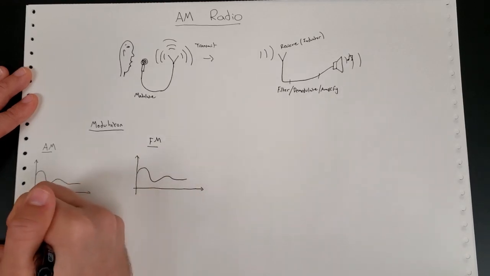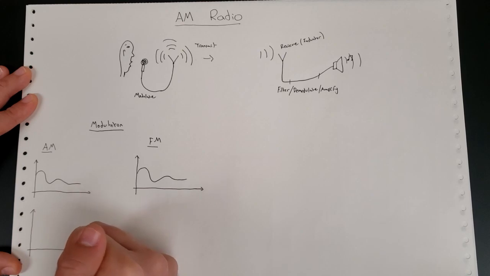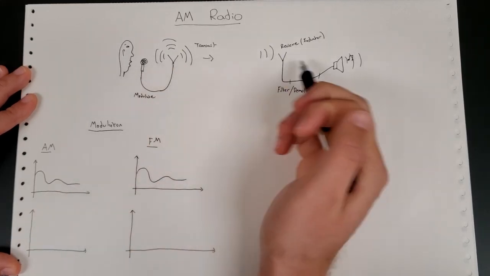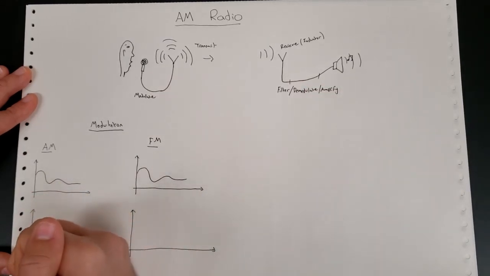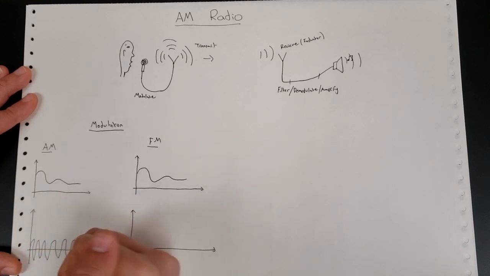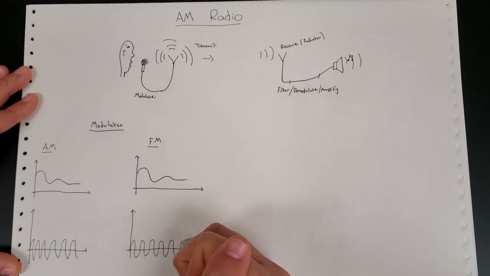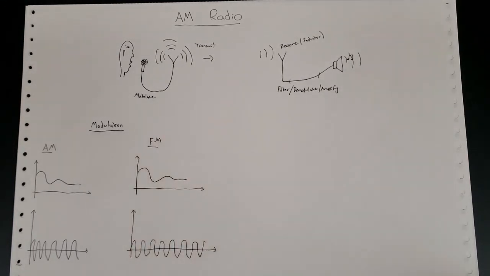Then we're going to use this small signal to modulate what we call the carrier wave, or the wave that's actually going to be transmitted between the two antennae. This carrier wave needs to be an electromagnetic wave, and it needs to have a frequency high enough that it can actually travel the distance that we're looking for.